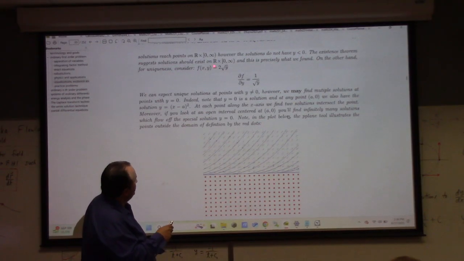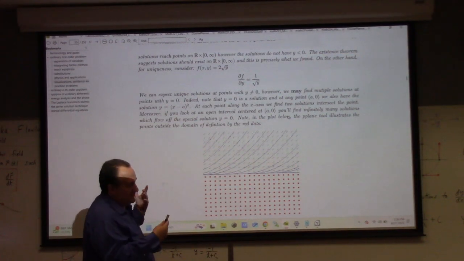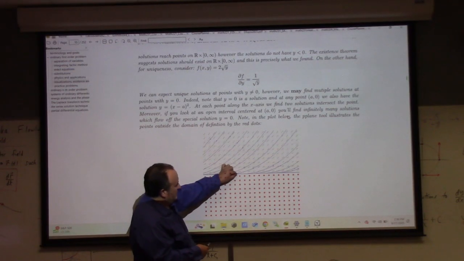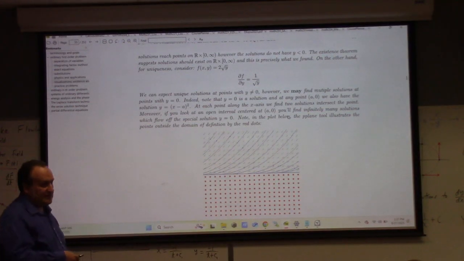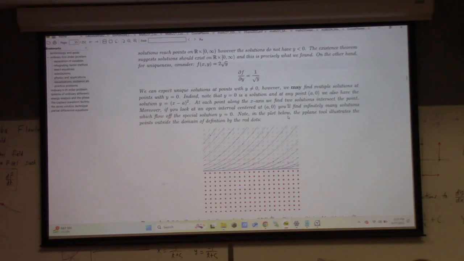The differential equation's domain of definition is non-negative y, but on the edge of its domain of definition, the uniqueness theorem doesn't apply. It didn't fail, it's just that you don't have uniqueness of solutions. The y equals 0 solution intersects infinitely many solutions on the y-axis in that sense. So there's that.